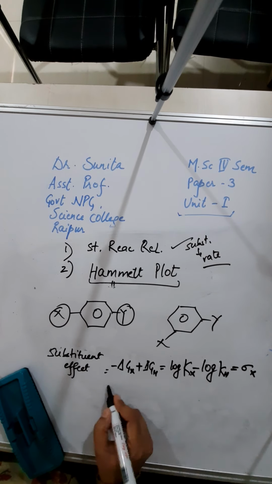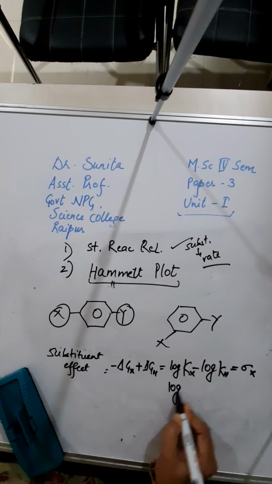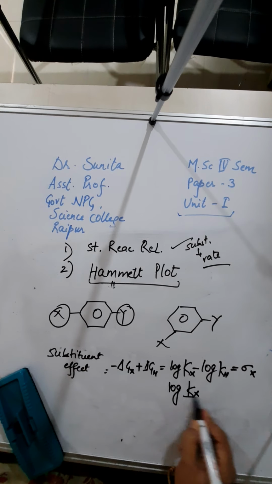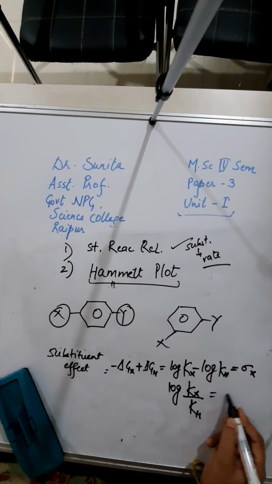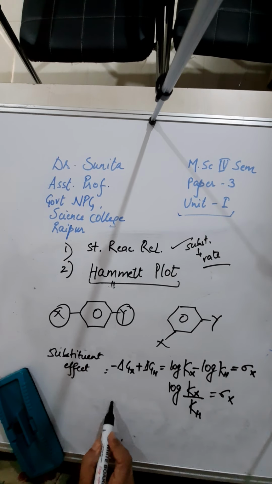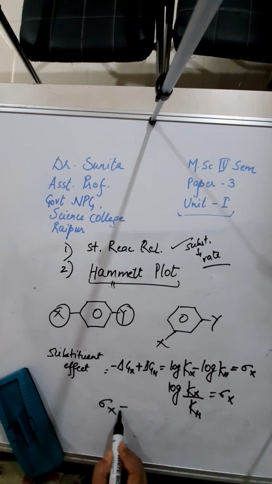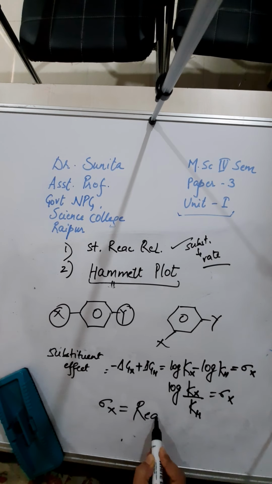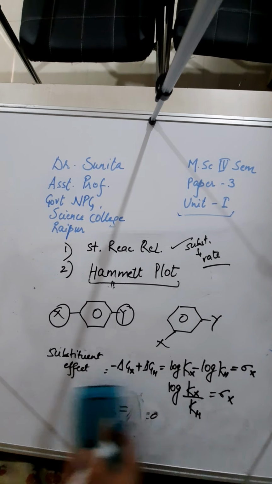This can be written as log Kx over KH equals sigma x, where this sigma x is very important, known as the substituent constant.